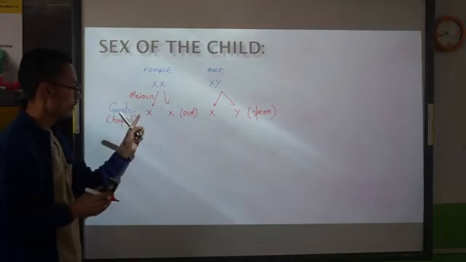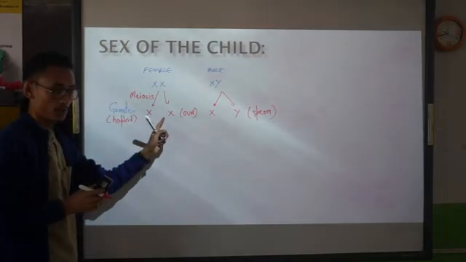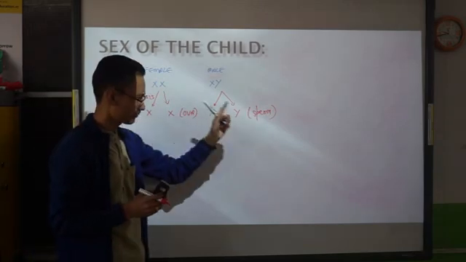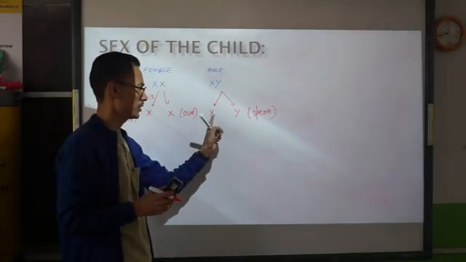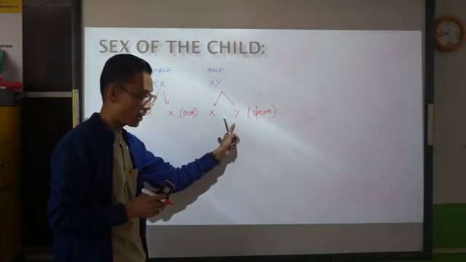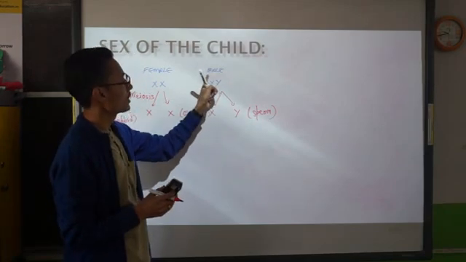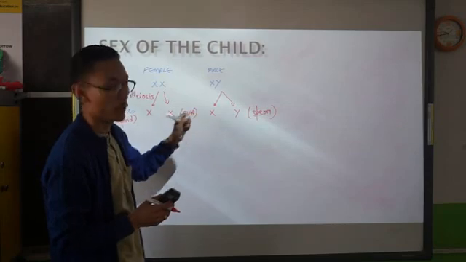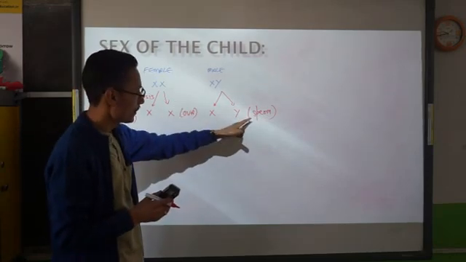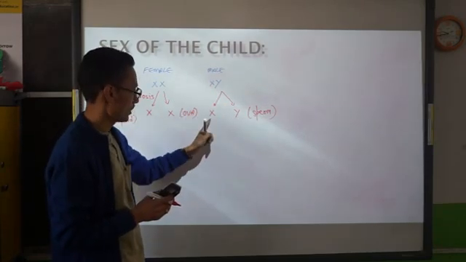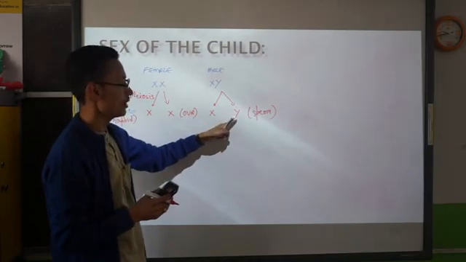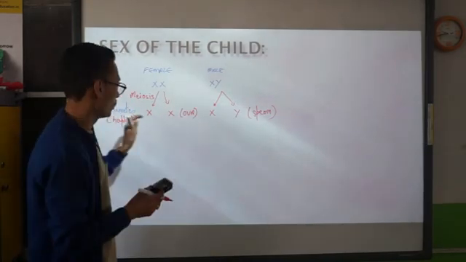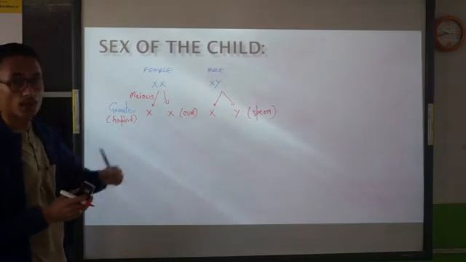So the ova always bear the X chromosome, whereas the sperm contains X chromosomes or Y chromosomes. Why? Because the male is heterogametic, having an X chromosome and a Y chromosome. So these are the types of gametes which are produced.